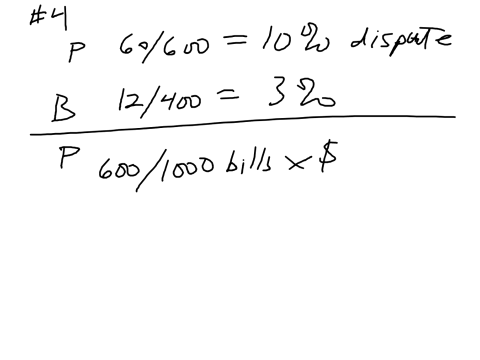We multiply that by the total amount of costs incurred by the accounts receivable department, and we get 50,400. So that's how much was allocated to personal. Business, you're going to do the same type of calculation, multiply by 400 over 1,000, and you're going to get 33,600. Right? I'll let you guys do that math on your own.